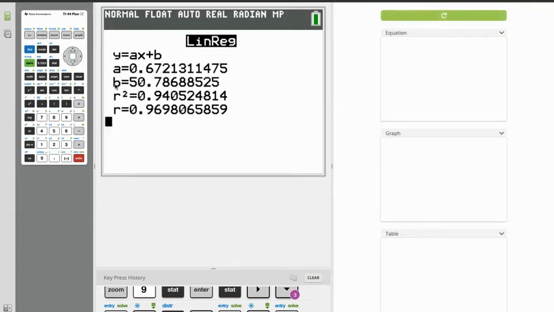And then your b is your y-intercept. Now, what does that mean in the context of this problem? It means that if you were to spend no time on the class, you would have a 50.8%. Now, sometimes the y-intercept makes sense in the problem, sometimes it doesn't.